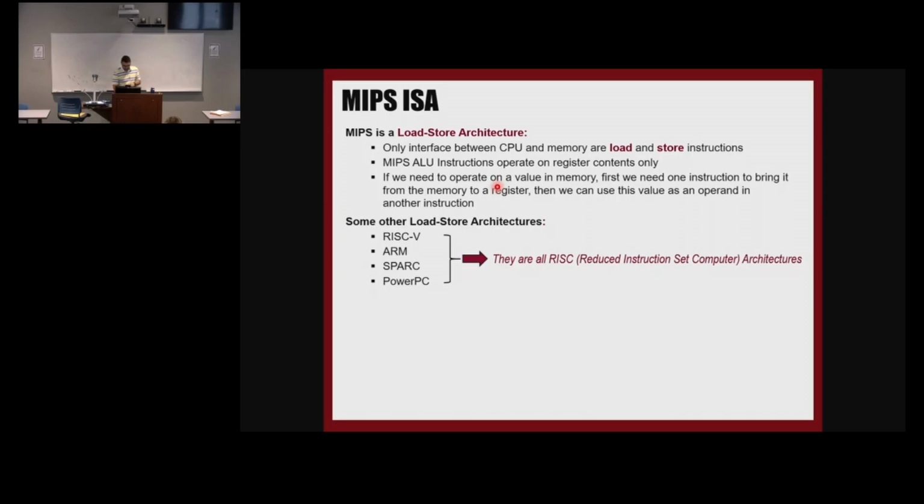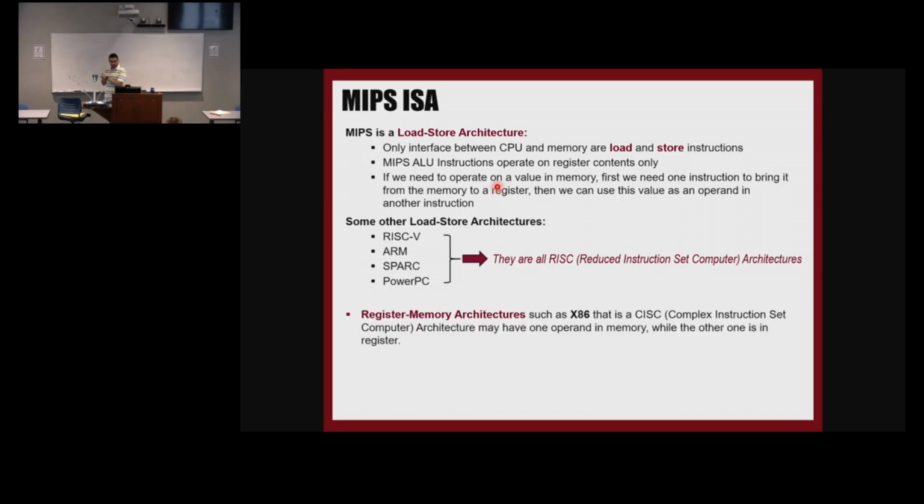Compared to what? Compared to CISC, complex instruction set computers, which are register memory architectures. The difference here is that you can have instructions that one operand is a register, the other one is a memory block. So you don't have to load memory to a register using one instruction and then add the content.